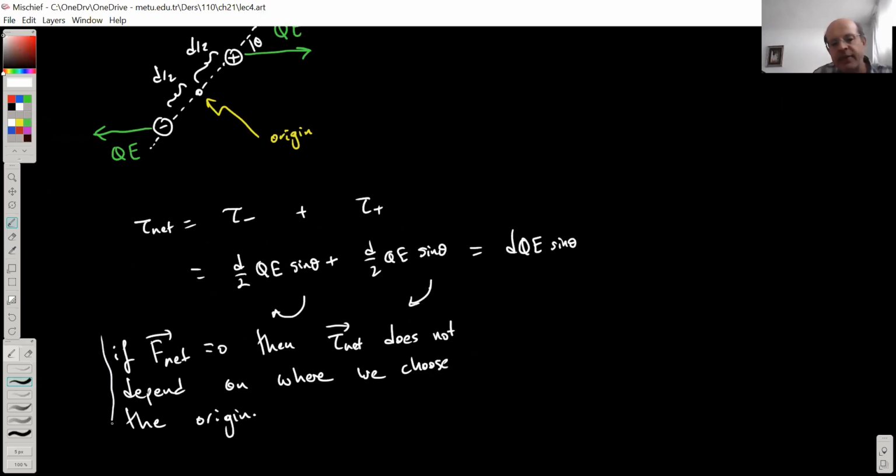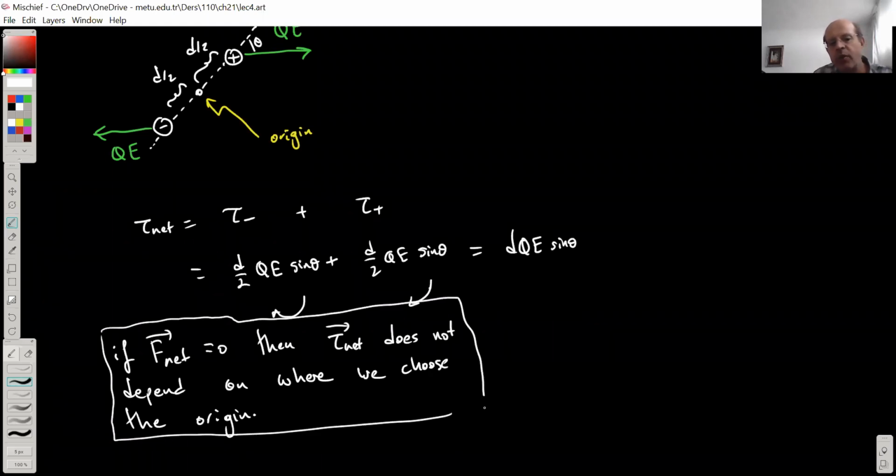In the last semester, I talked about situations where, by choosing the origin in an appropriate way, you could make the net external torque equal to 0 in some problems. But there are some problems where if the net force is equal to 0, then it's not going to help you. So if there is a net torque, then there's always a net torque wherever you choose the origin.